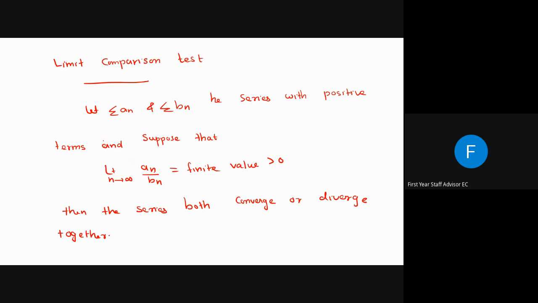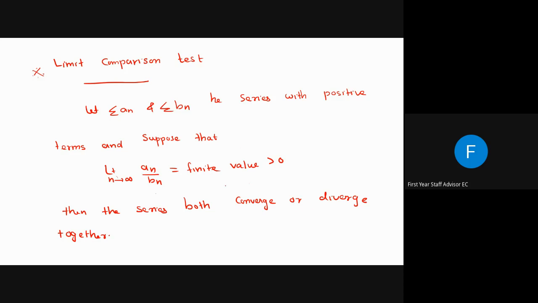Very, very important. The next important topic is the limit comparison test. For series an and bn, first you should find the limit as n tends to infinity of an by bn, a finite value greater than 0. Then the series an and bn converge together or diverge together.